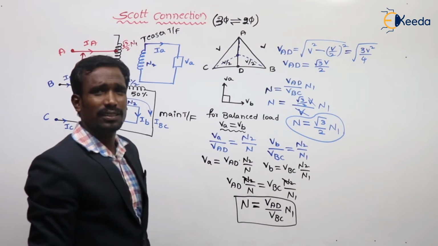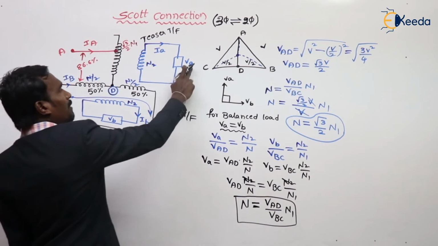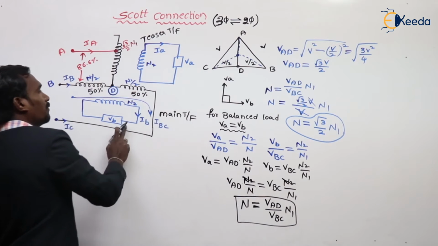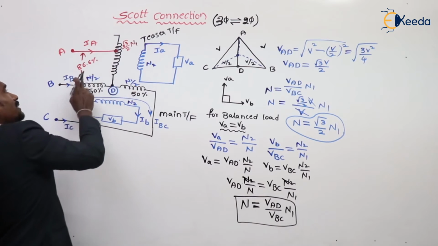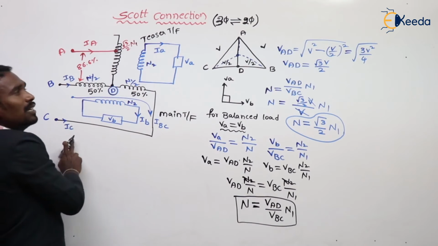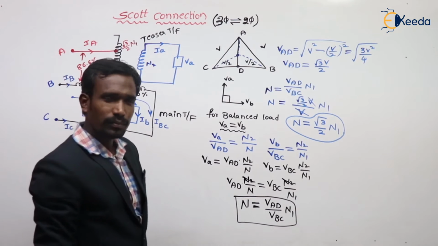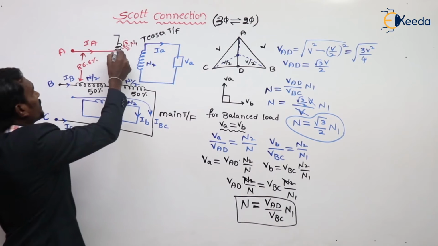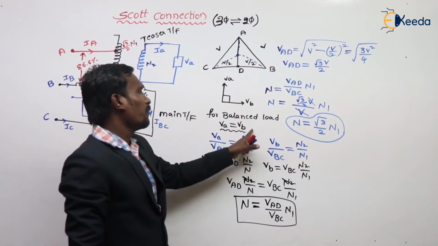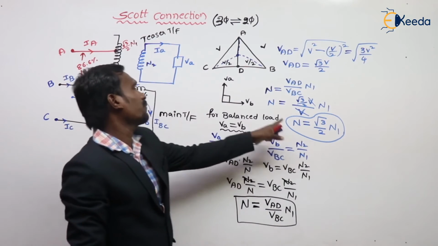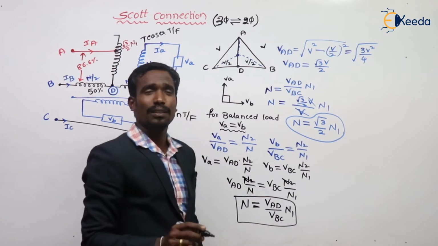But for easy analysis, here we have three phases A, B, C, but here we have only two phases, VA and VB, IA and IB. Here I have three currents IA, IB, IC, but here I have only two currents IA and IB. This is why we are taking only 86.6% for balanced load. For balanced load, the number of turns on the teaser transformer is root 3 by 2 times of N1.